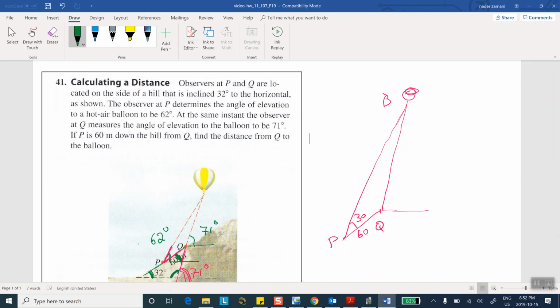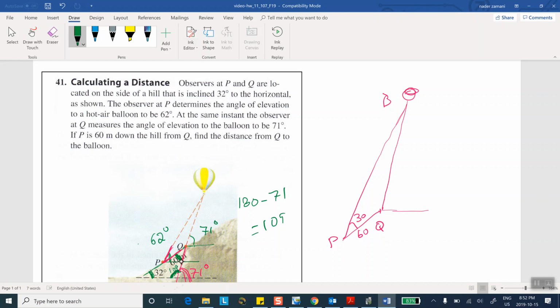This green one is 180 minus 71, which is 109. So this angle is 109, okay?